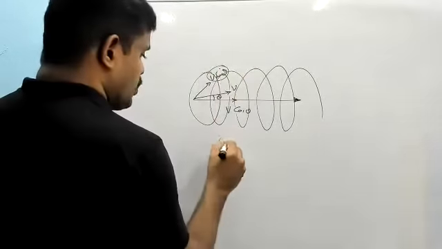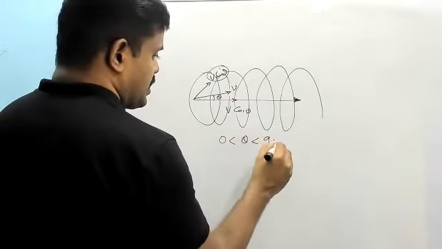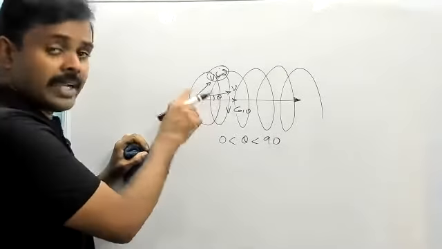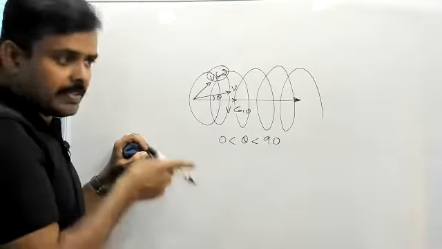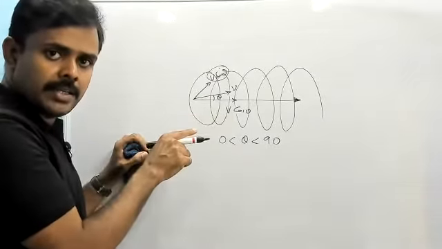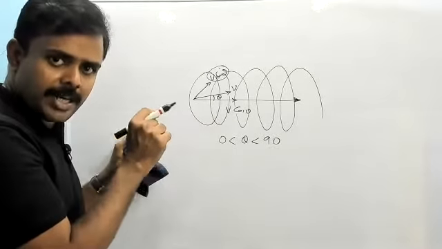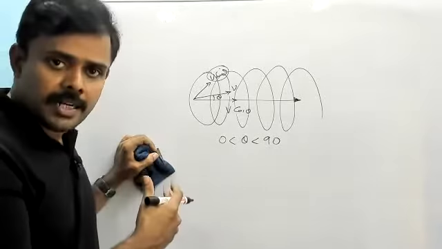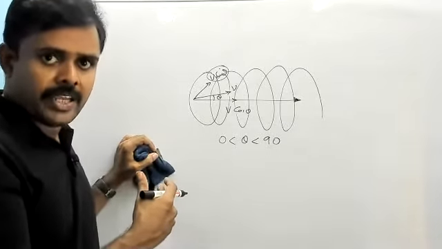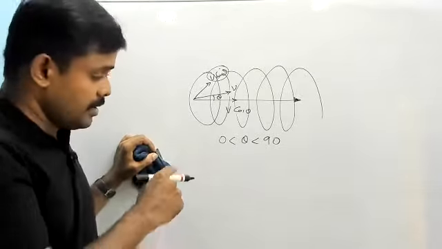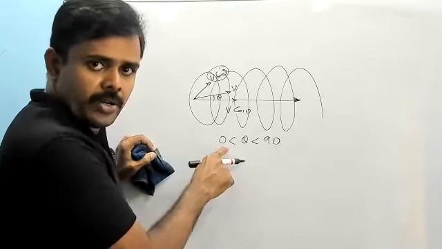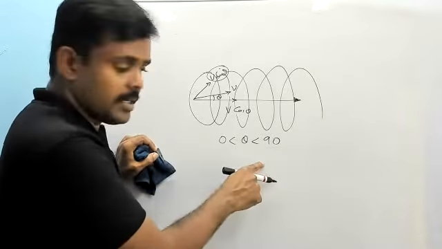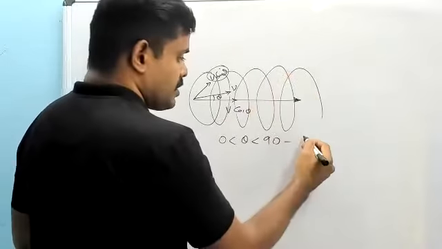So for any angle between 0 and 90, if a charged particle enters a magnetic field at an angle which satisfies 0 less than theta less than 90, tell me what is the shape of the path?